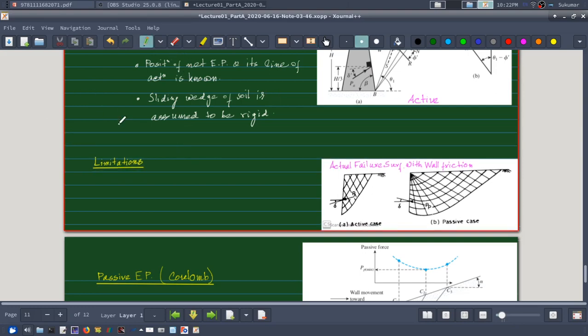The next assumption is that the failure surface is planar.